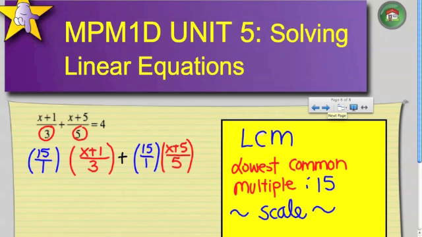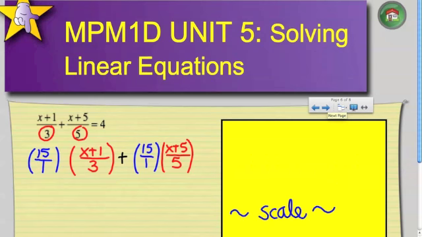And an algebraic equation, remember I said it's like a scale, so we're going to just erase this for a second. So separated by an equal sign, and then I have 15 over 1 again. I have to remember whatever I do to the left-hand side, I also have to do to the right-hand side.